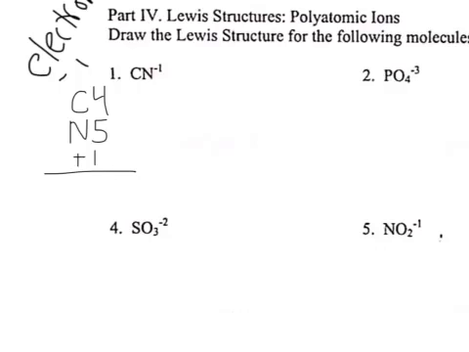But this is referring to the charge, and this is referring to how many electrons. So these are basically the same number but opposite, because electrons are negatively charged. So the total number of electrons is 10, okay, 10 electrons, so we're looking for 5 pairs.